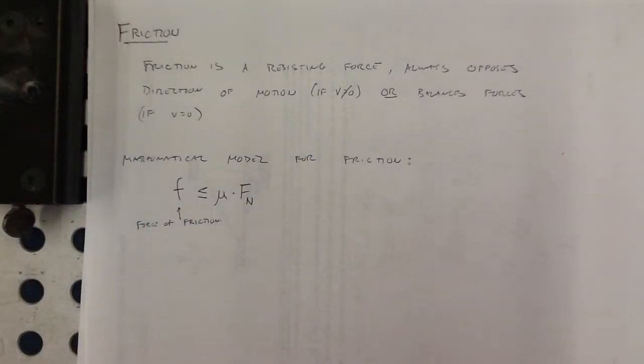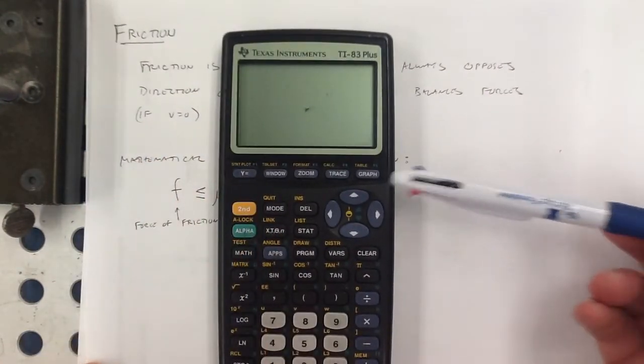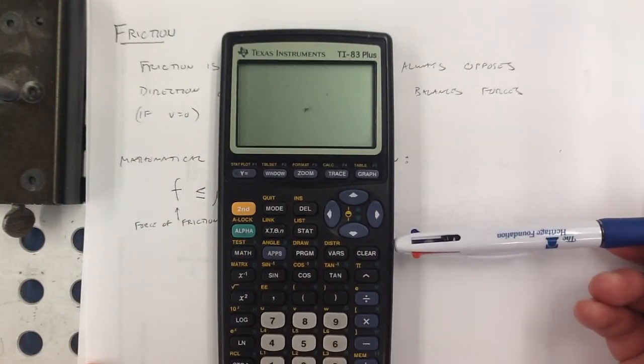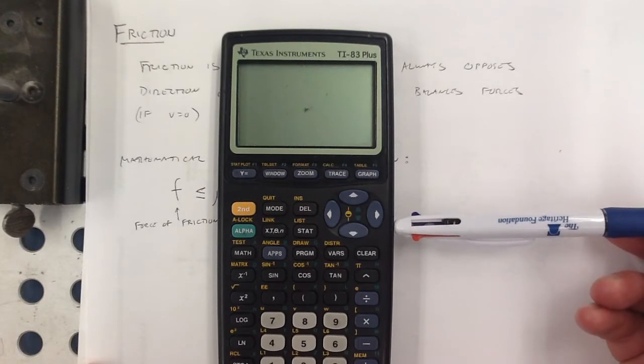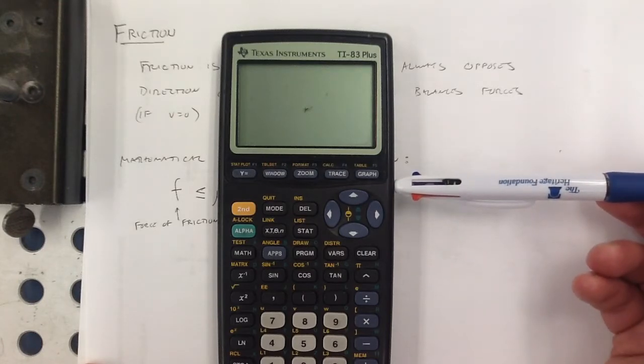Not going to try. So static friction is the same in that if I push on this calculator, I can push kind of softly, and like I am applying a little bit of force with my pen here, but not enough to break that friction force. So I can push a tiny, tiny bit.